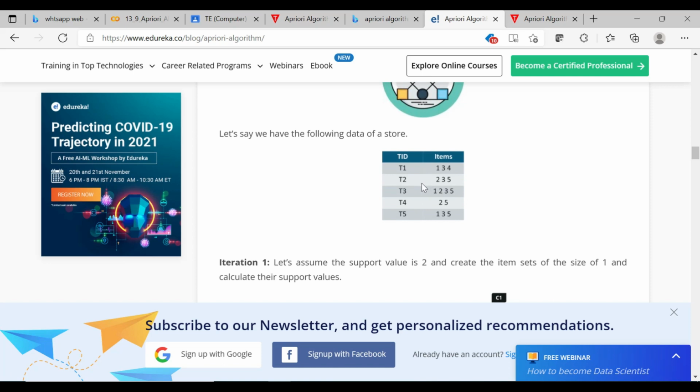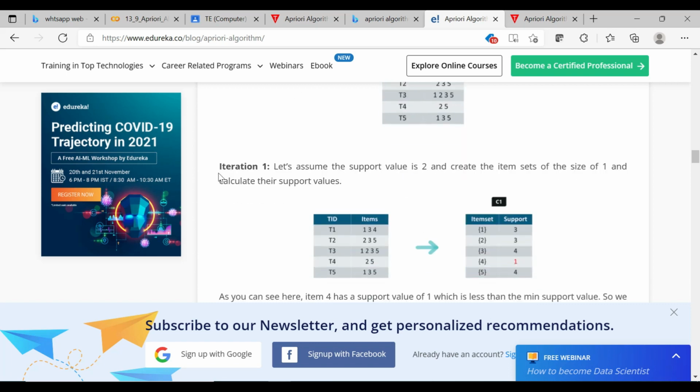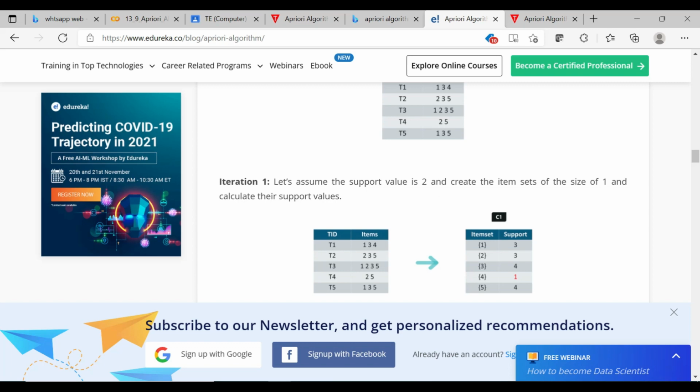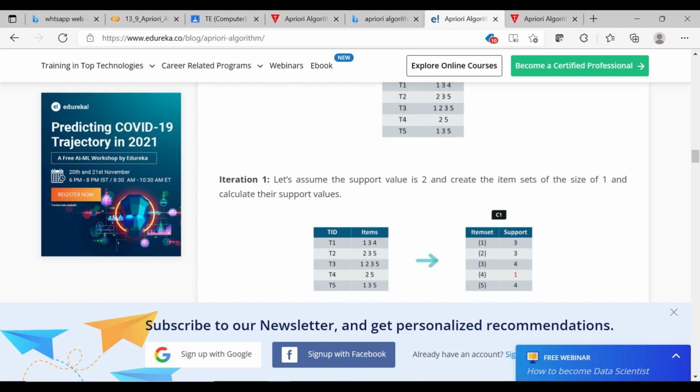So let's understand one example. There are two columns, T and items. Iteration 1. Let's assume the support value is 2, and create the item sets of size 1 and calculate their support values.